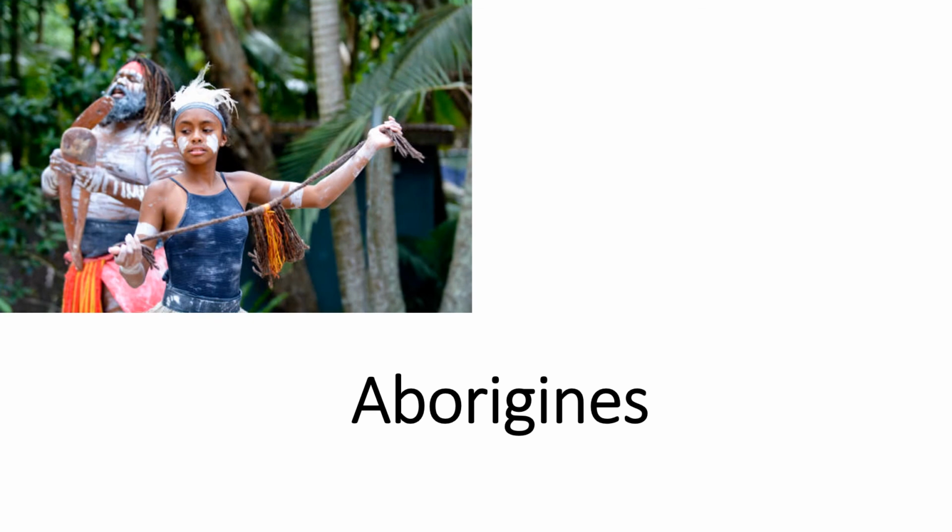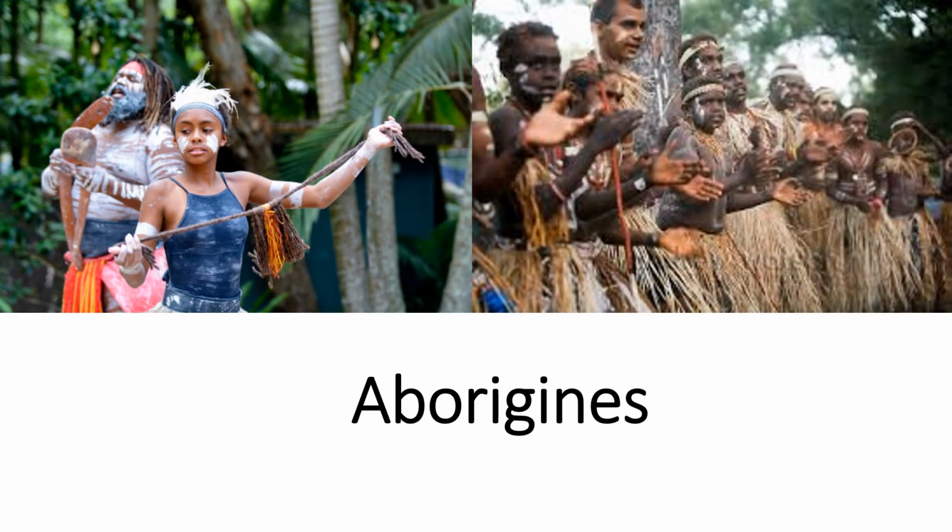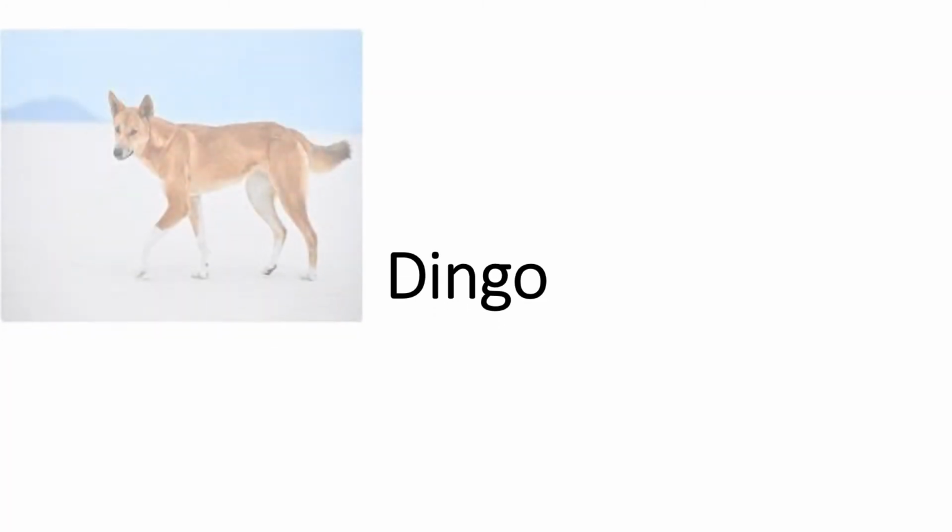Next one is aborigines. When we say aborigines, these are the first people that lived in one place. In Australia, these are just a few of the aborigines. These are the first people to live in Australia. Next is dingo.